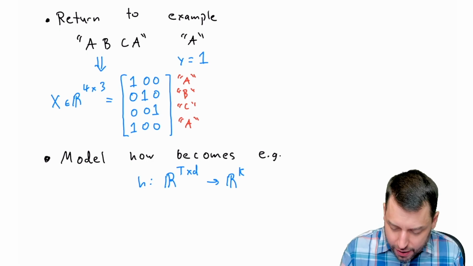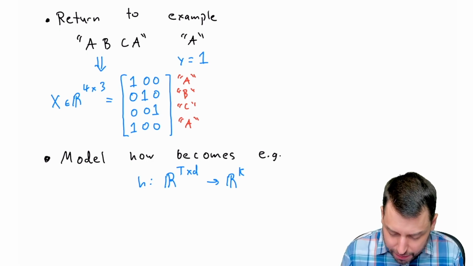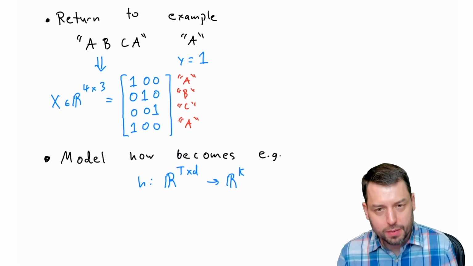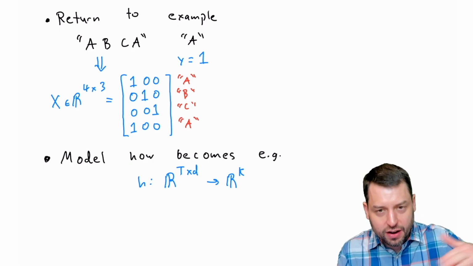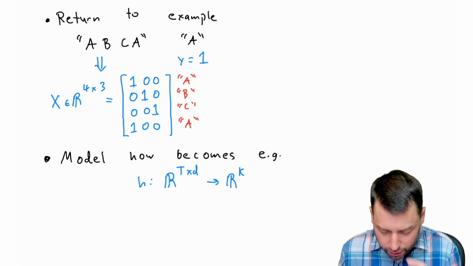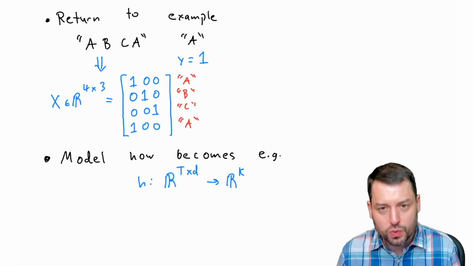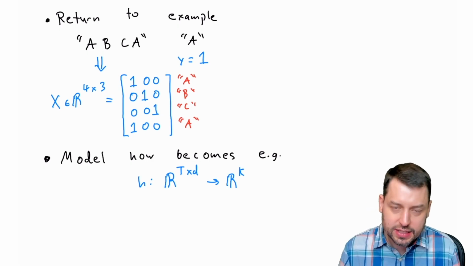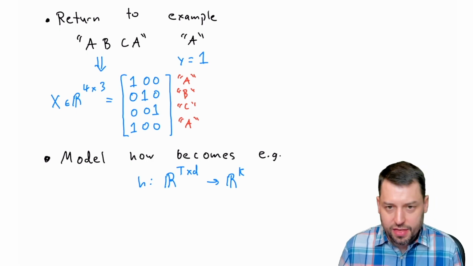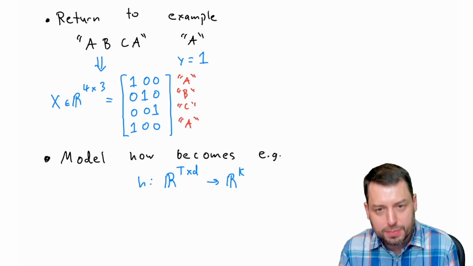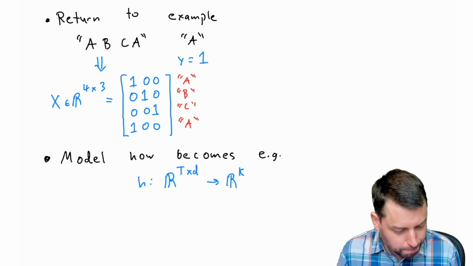Obviously, this is a very natural representation for sequences of text: a big matrix that has all these indicators of which things are what. But in this lecture, I want to emphasize that this same paradigm allows for many different types of inputs as well.